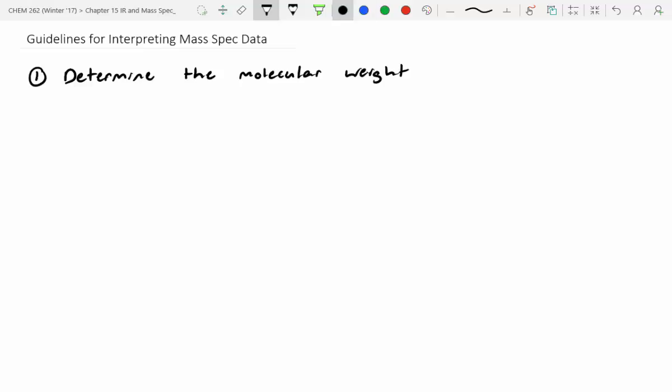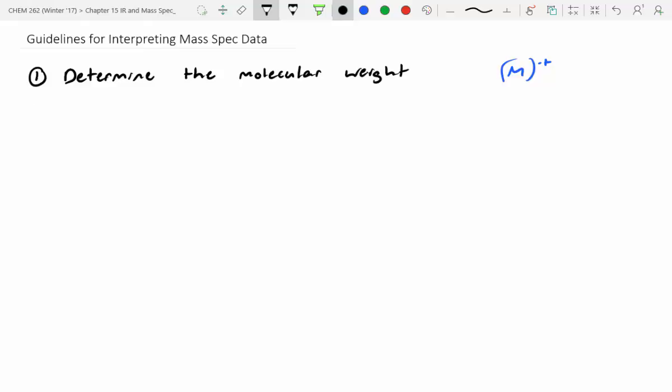Yeah, the parent ion. So first thing I do when I get a mass spec is look for that parent ion. Occasionally, you can't see that parent ion, at least not very well, because your molecule is so unstable it falls apart very quickly. So sometimes you can see it, other times you can't. Do your best to try to identify it, and I'll give you a clue if it's simply not present.